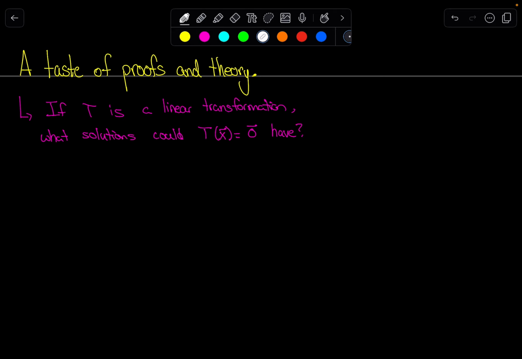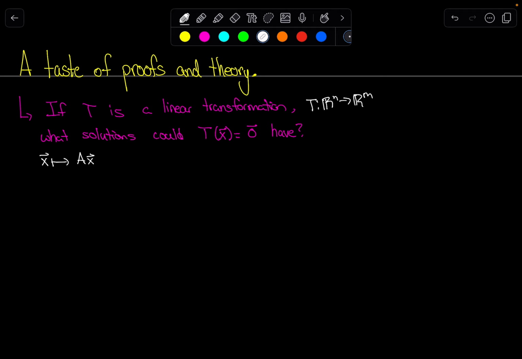Okay, so we're going to assume that of course T is defined by some matrix, and so the image is given by taking a vector x and mapping it to some vector Ax. T, of course, is a linear transformation going from Rn to Rm. Great. So what solutions does this have?